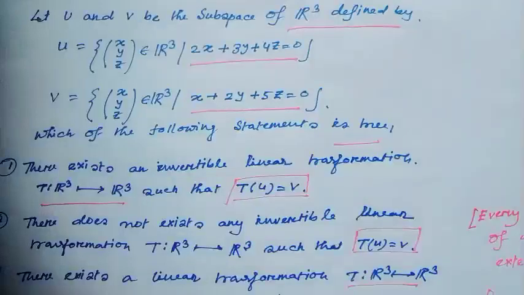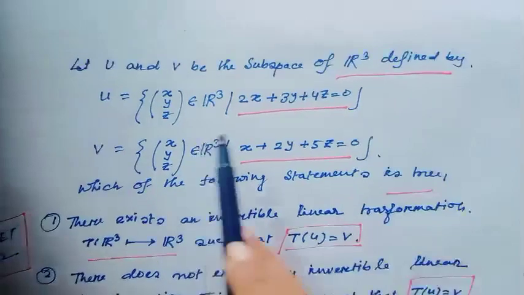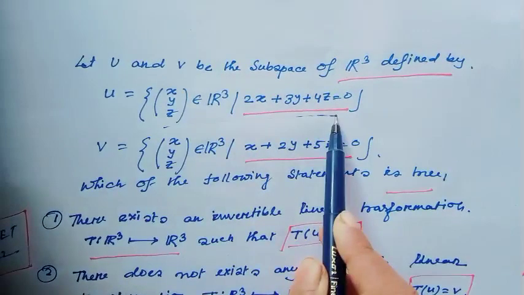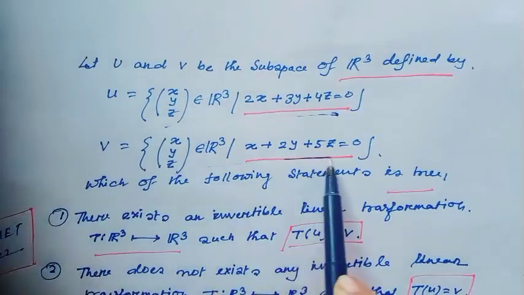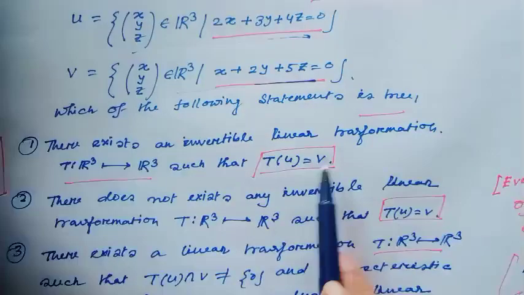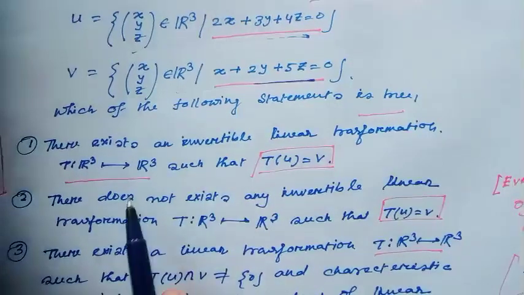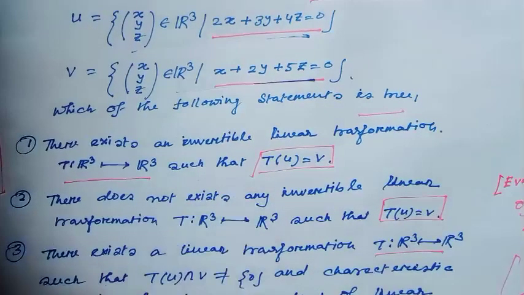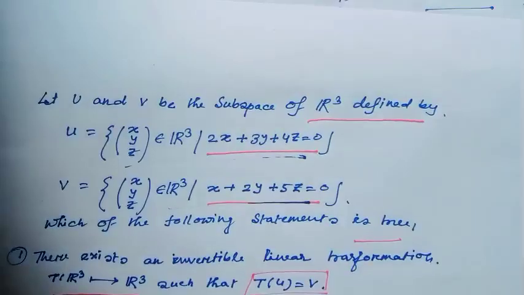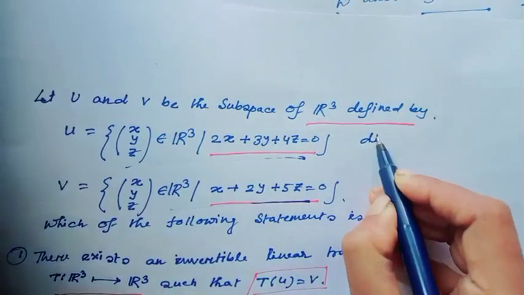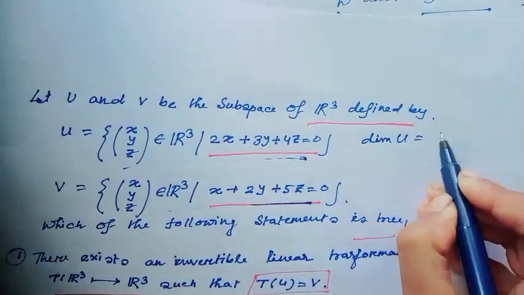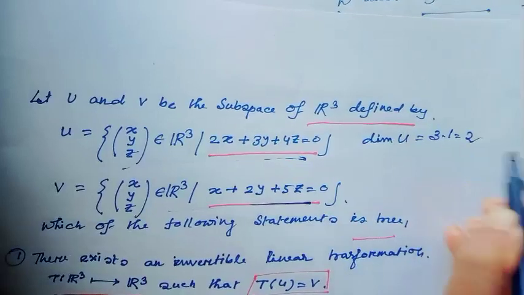Here notice, U is such a type of subspace and V is such a type of subspace, and we have to find whether there exists a linear transformation T from R cube to R cube such that T(U) equal to V. Notice here dimension of U equal to 3 minus 1, which is 2.